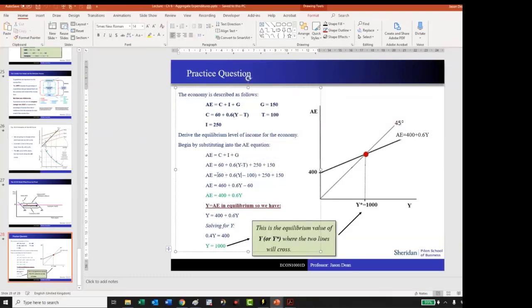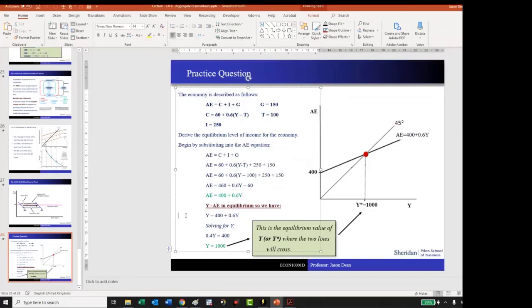So we're just going to simplify this. When we do that, we get that aggregate expenditures is equal to 460. So it's actually equal to 400, right? Because if we add 60 plus 250 plus 150, and then we subtract the 60, which is 0.6 times 100, we will end up with 400, okay? And the only thing left in front of y is 0.6, so that's 0.6.